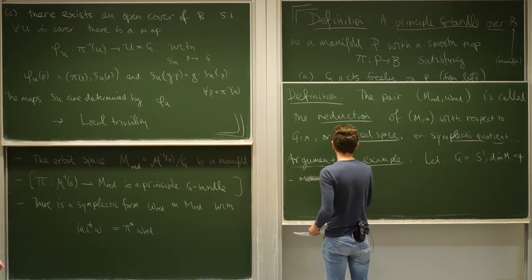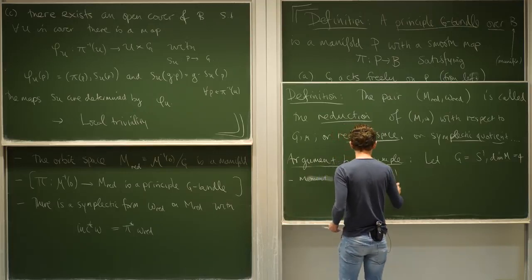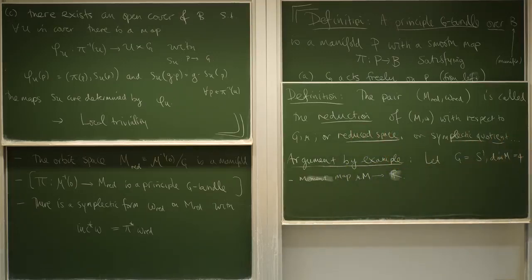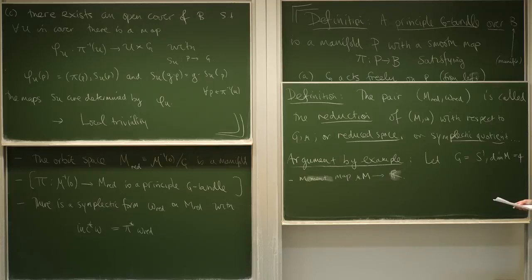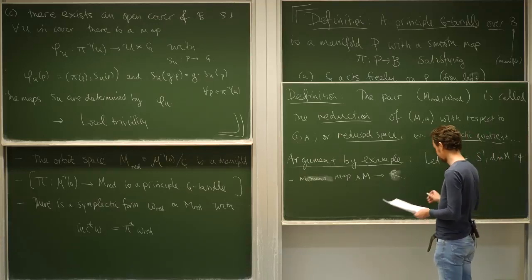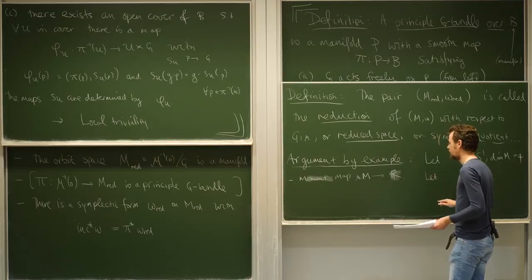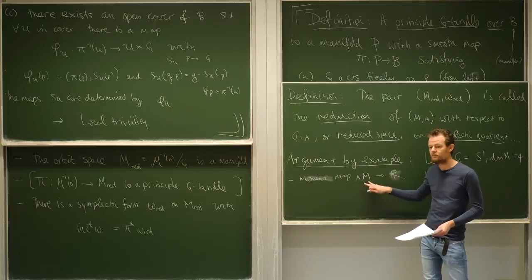So the moment map, whatever it is, you can just think of it really as a map from M to R. The moment map is a map from M to R, because R is the Lie algebra of the group S1. So we take the pre-image of the element 0 in M, some one-dimensional space.